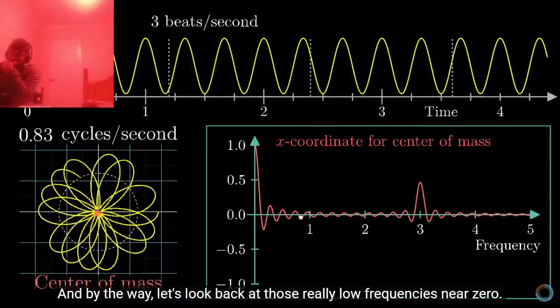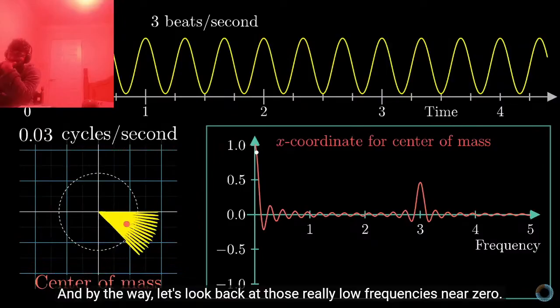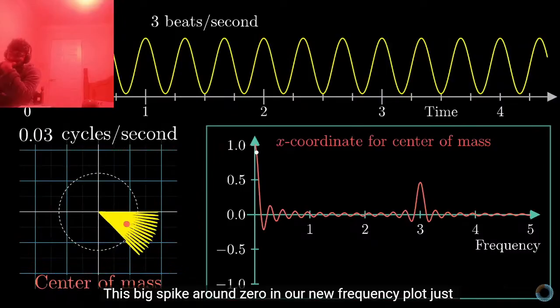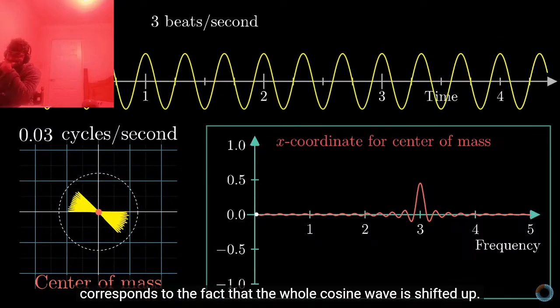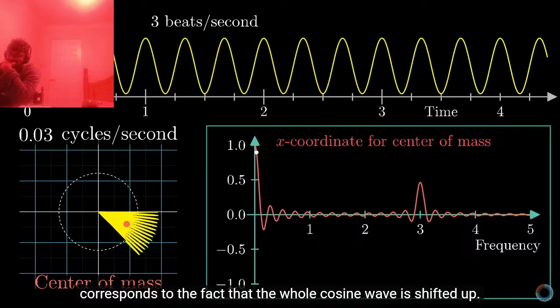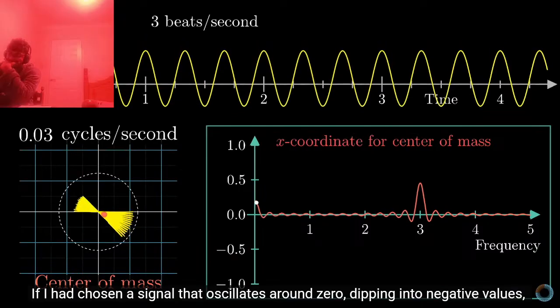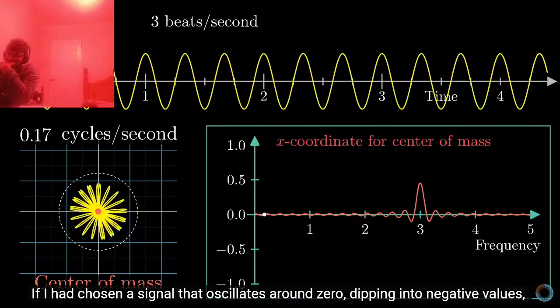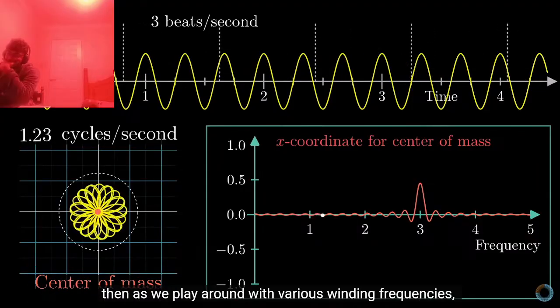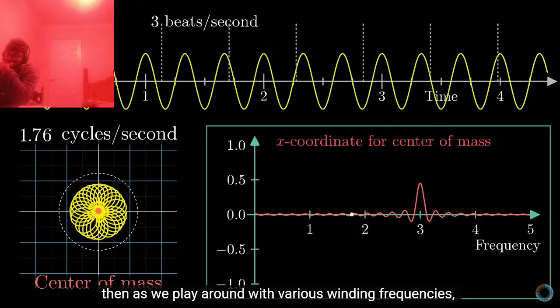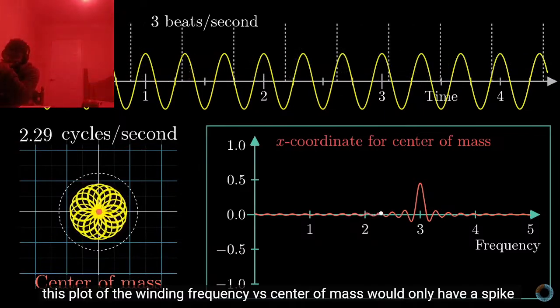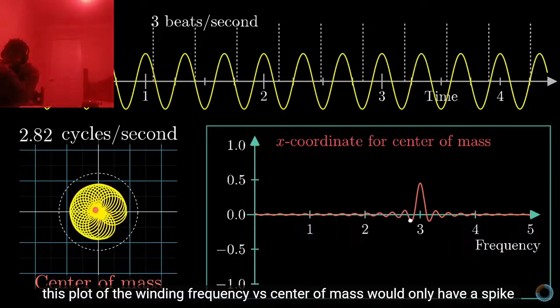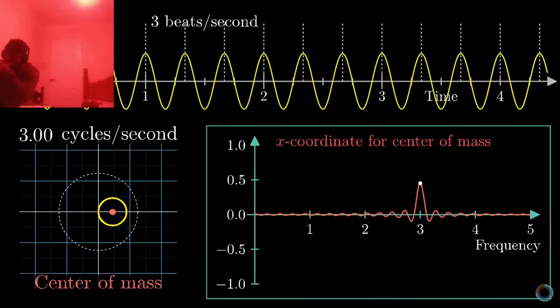And by the way, let's look back at those really low frequencies near 0. This big spike around 0 in our new frequency plot just corresponds to the fact that the whole cosine wave is shifted up. If I had chosen a signal that oscillates around 0, dipping into negative values, then, as we play around with various winding frequencies, this plot of the winding frequency versus center of mass would only have a spike at the value of 3.